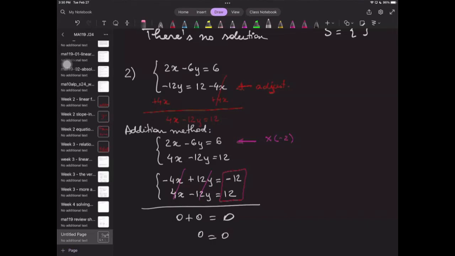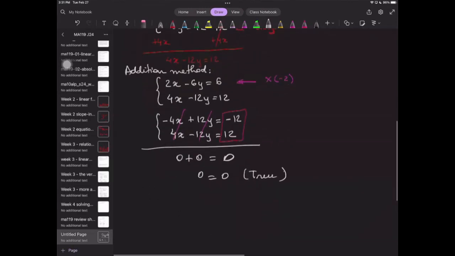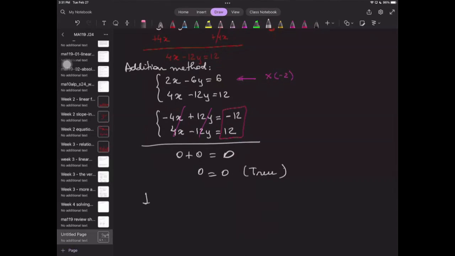This time I also got a statement, but this is a true statement. It's always going to be true. Because there is no variable to solve for, and it's a true statement, it means basically that both equations are actually the same equation in a different form. And if I have the same equation twice, the points of that equation are the solution. So I have infinitely many solutions.